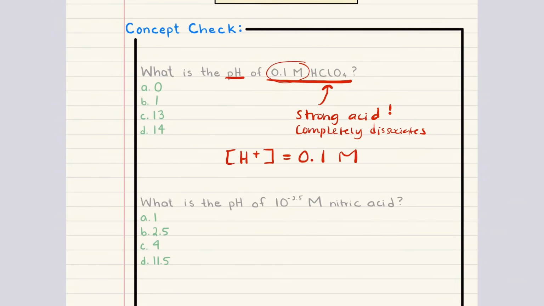So the concentration of hydronium ions equals 0.1 molar. And then to find pH, we're going to take the negative log of 0.1. That is going to be equal to 1. That is our pH. So the correct answer here is B.